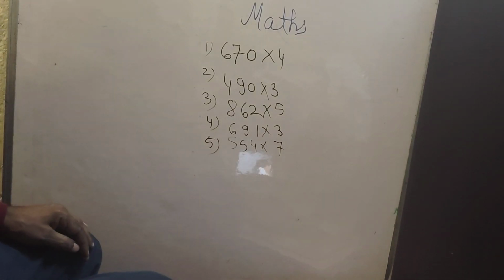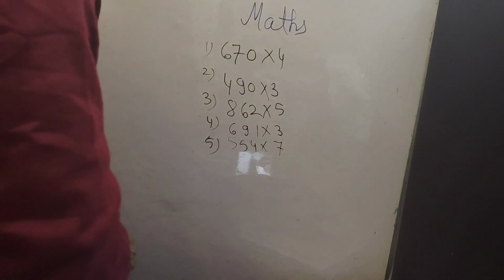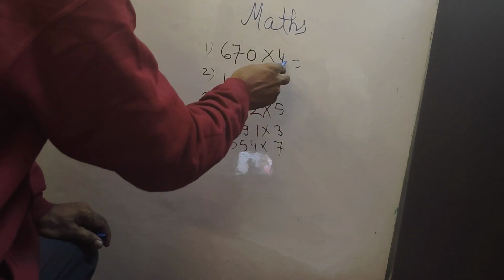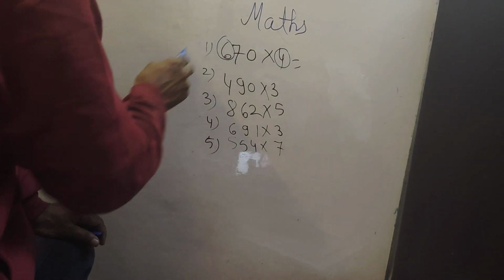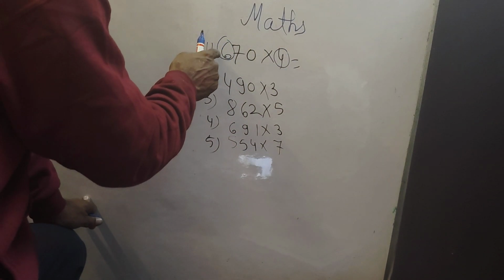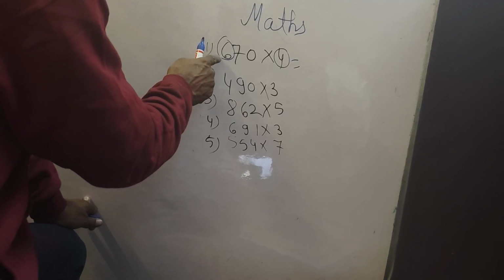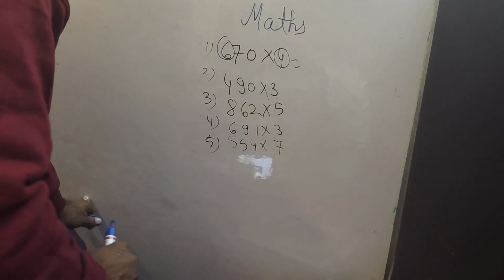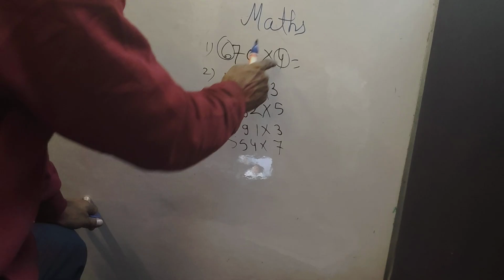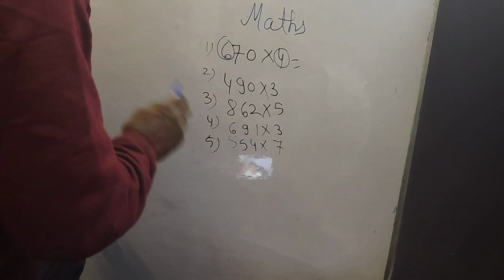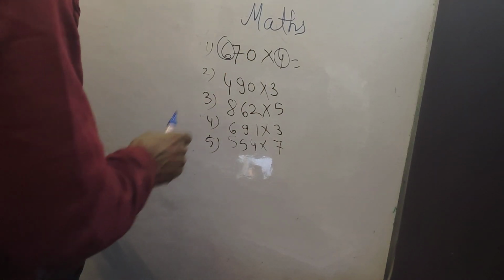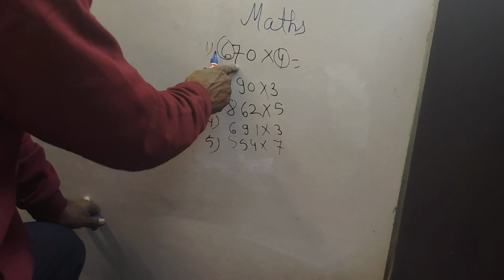Now this question, 670 multiply 4. So how do we do it orally? Orally we start from the hundreds place digit. This 6 has 600 as place value. 600 times 4, 6 times 4 is 24. So 2400. We put 2400 in our mind. Now next is the tens place digit, which is 7.